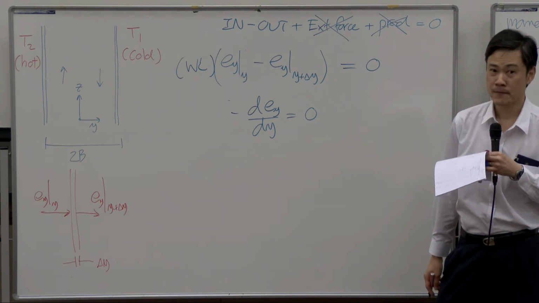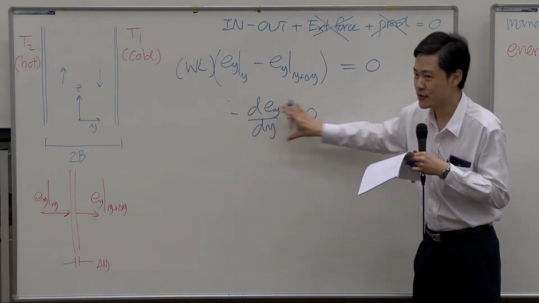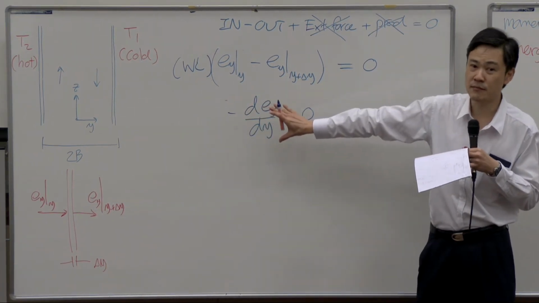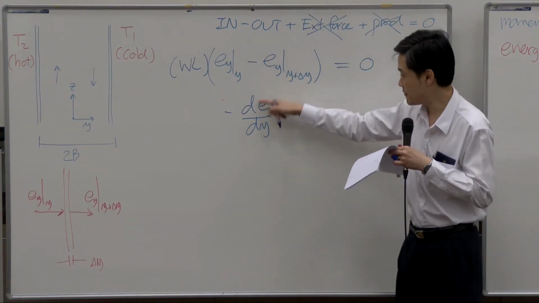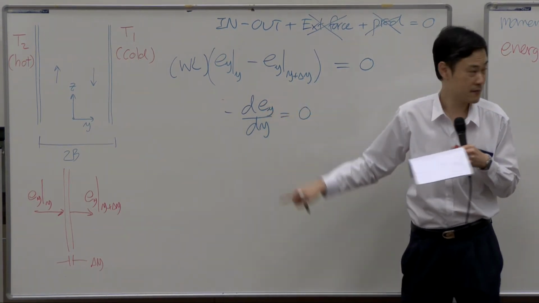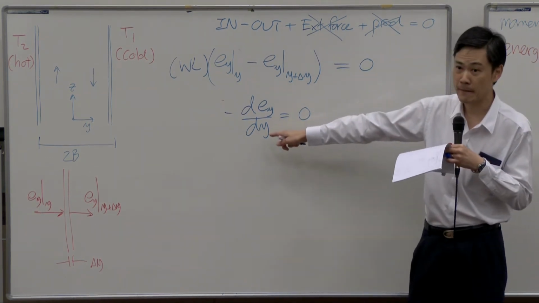Okay? For energy transport, the balance is usually this way. It's usually simple. The complication comes from E itself, because you have to plug this E into this equation.